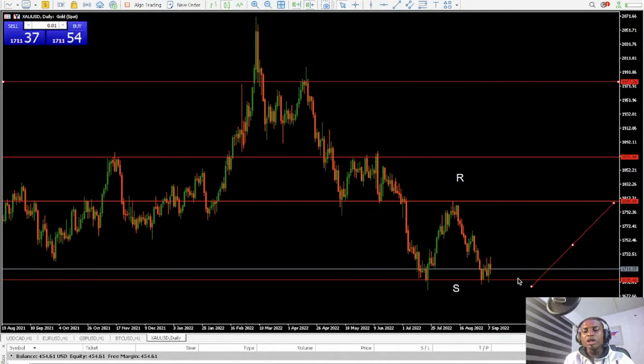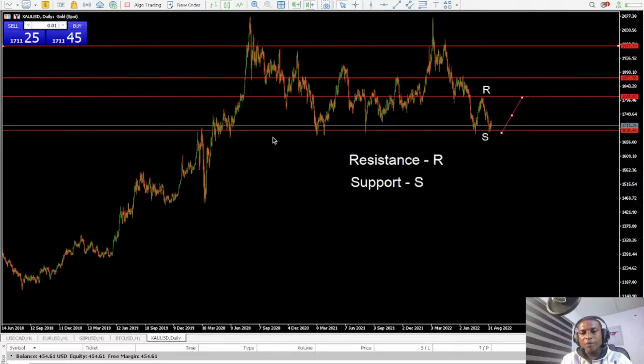Now if you zoom in, you will discover that this is a critical support level. All right, good.